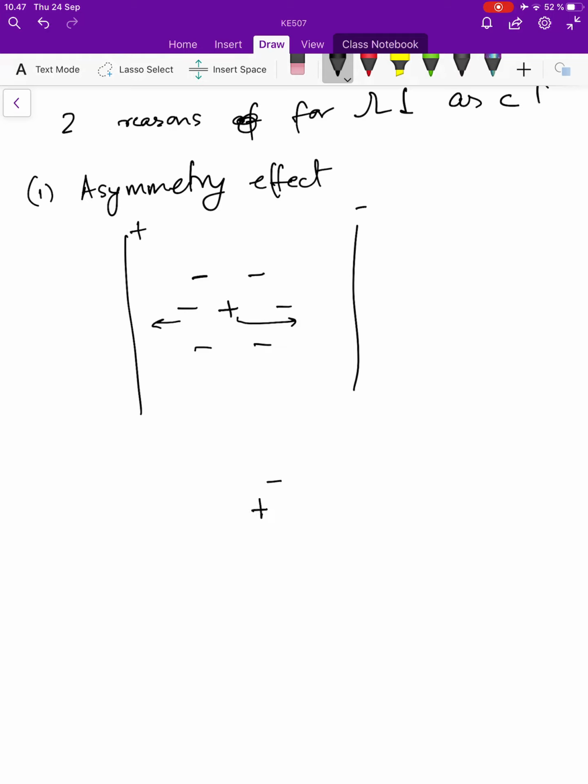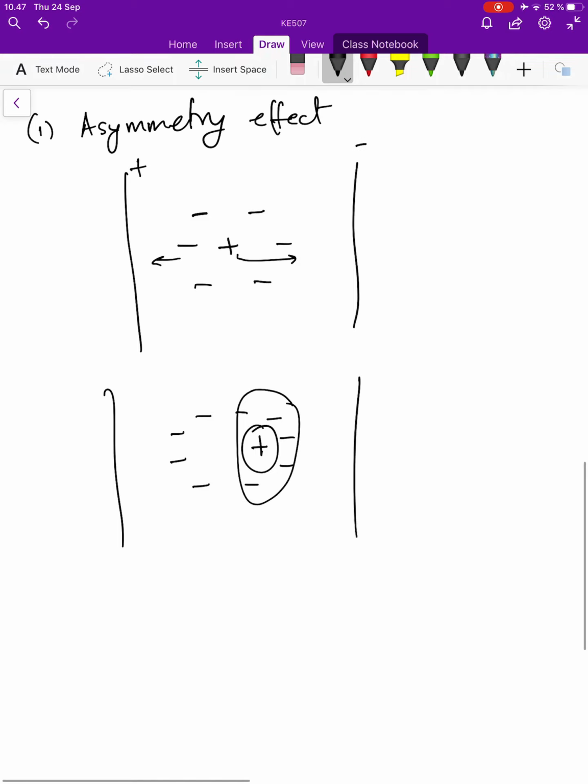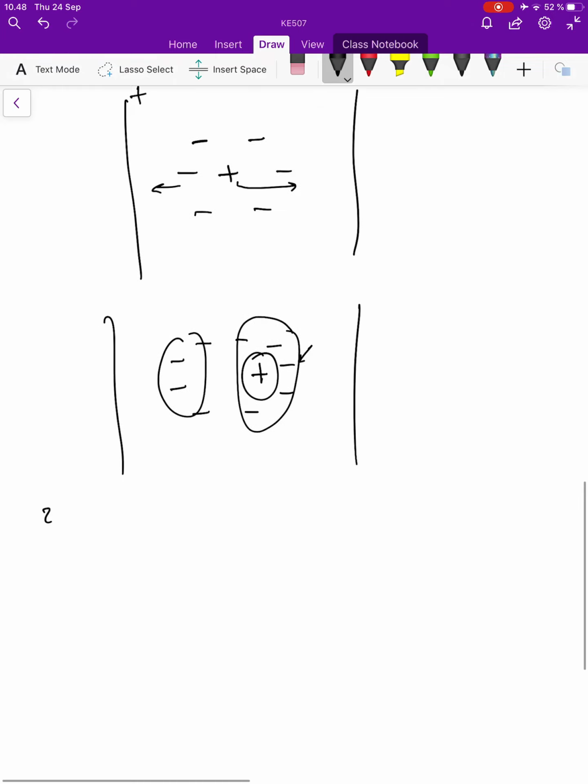And after some time, this is what the cloud will look like, which means that there is an asymmetric ion cloud distribution around this central ion. And this cloud will then retard the ion because there is a larger negatively charged cloud around the ion than away from the ion. This is one reason. A second reason is electrophoresis.